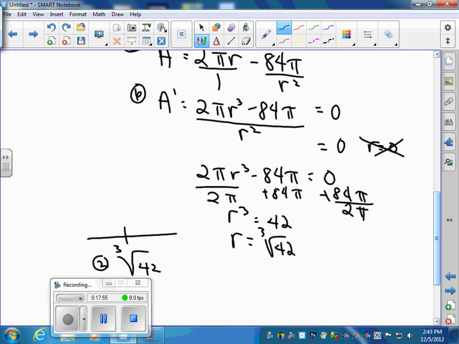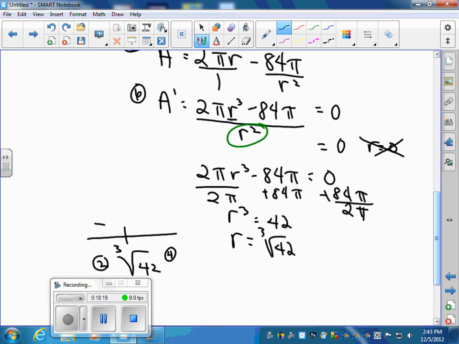Well, we can tell the bottom's always positive because it's squared. So then all I have to do is deal with the top. If I put 2 in, 2 cubed would be 8. 8 times 2 pi would be 16 pi. Minus 84 pi would be a negative. So that's negative. Pick something bigger than the cube root of 42, like the cube root of 64. The cube root of 64 would be 4.